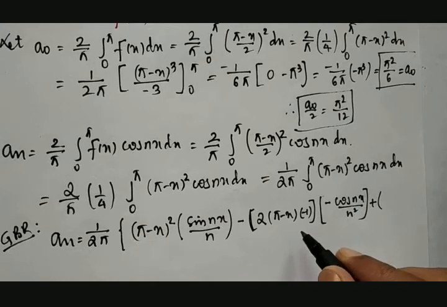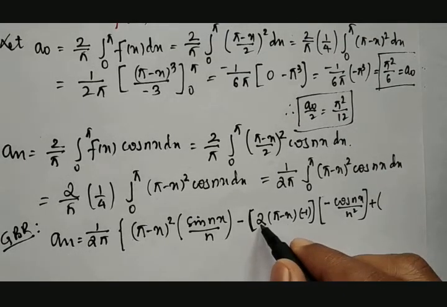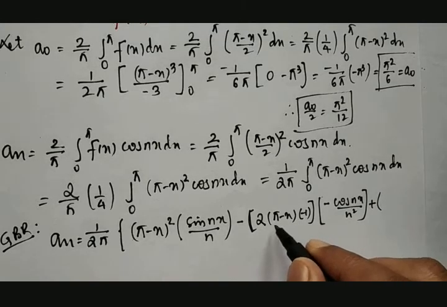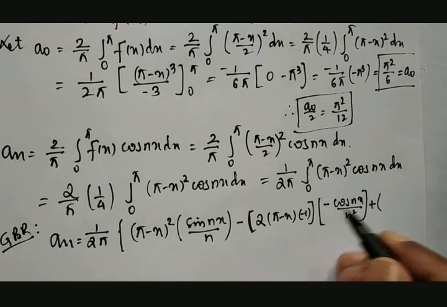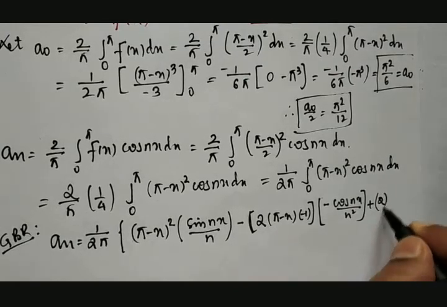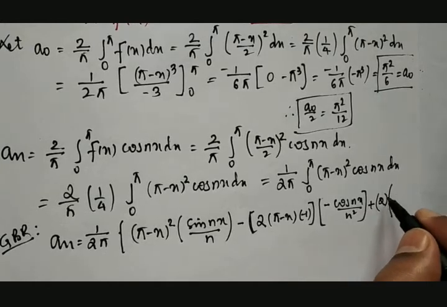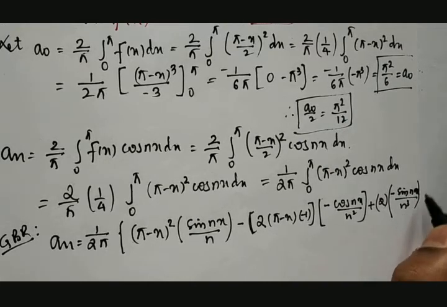plus differentiation of the first function. You can see here minus of minus is plus. So differentiation of this into 2 is 2 into differentiation of this is minus 1. So minus 1 into minus 1 plus 1. So it becomes 2 into integration of cos is sine of nx divided by n cube.